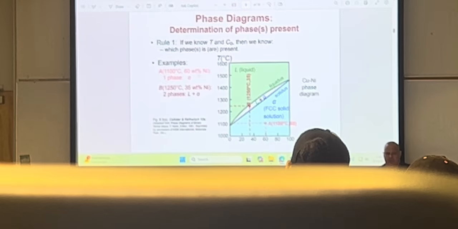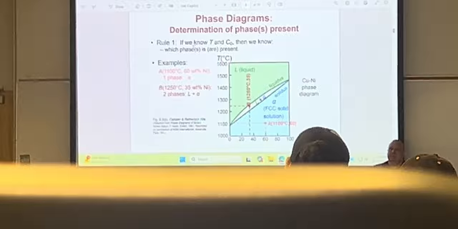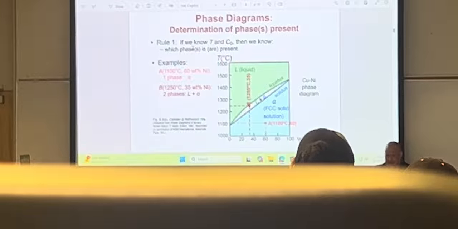All right. So what we can do is we can calculate the number of phases. Rule number 1. These are the rules. If we know T and C0, then we know which phases are present at each temperature. So this is initial composition.